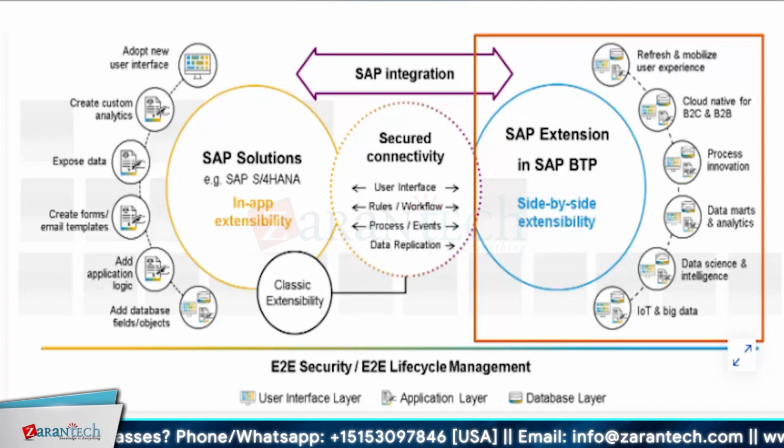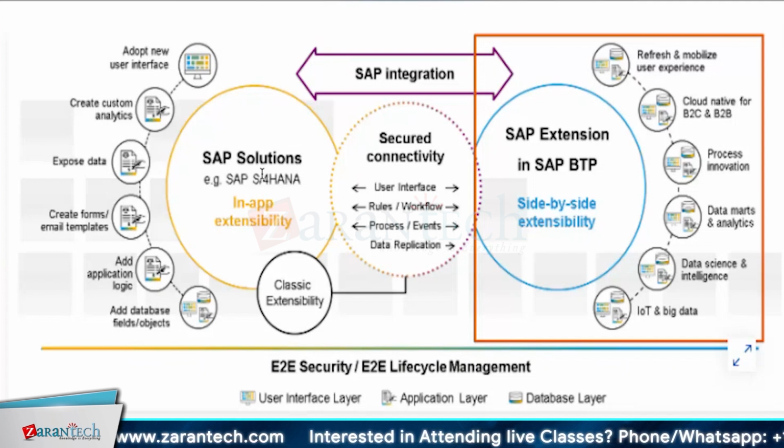When such applications interact with our SAP applications but run outside of the cloud environment, they are called side-by-side extensions. Side-by-side means they are running outside but performing for inside.